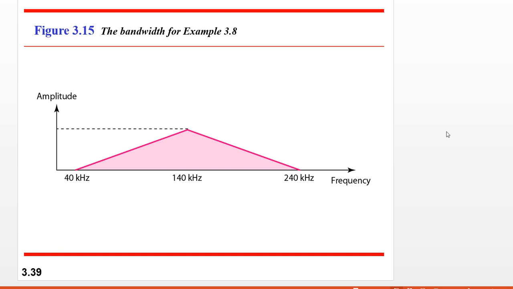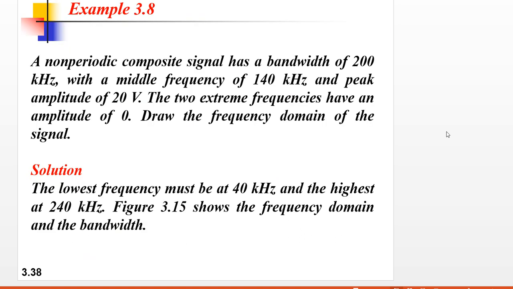40 to 240, bandwidth 200, and 140 they have given. 140 is the middle one. Total bandwidth 200 you have to draw, and you know the 140. If you draw 140 in between the 200 bandwidth, it appears like this.